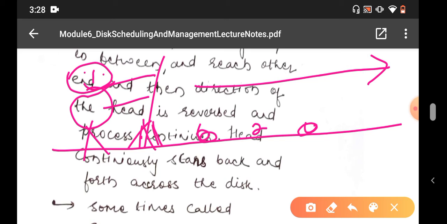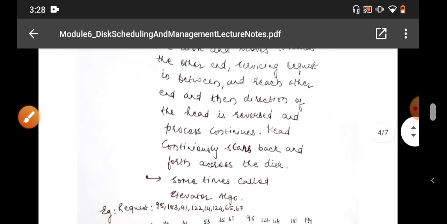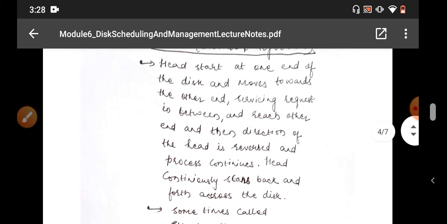No, no, let me remove. After he cleans up all this, and while coming in this direction, some of the people might have put some kachra over here, then he will again clean up all these things. So this is what the scan algorithm does. The head will start from one end, it will move to the other end. Whatever request comes in between, it will be serviced.